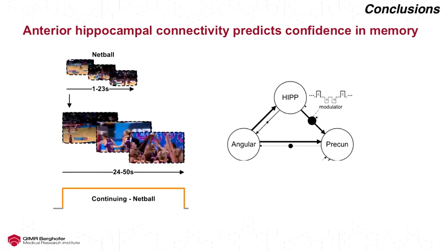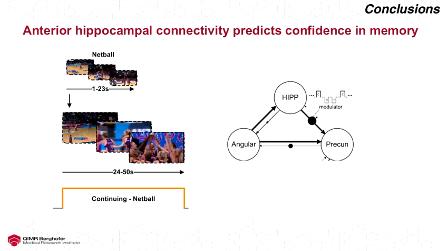So, just a quick summary. What I presented here is a study where we used news clips to engage a natural form of involuntary memory retrieval in an fMRI study. We found that this memory retrieval process highly activates the anterior hippocampus as well as key nodes in the default network, and that the information flow seems to be predominantly going from the hippocampus to the precuneus.